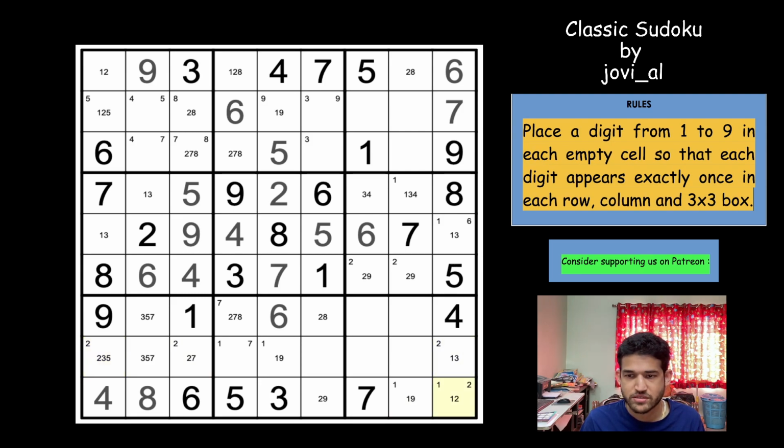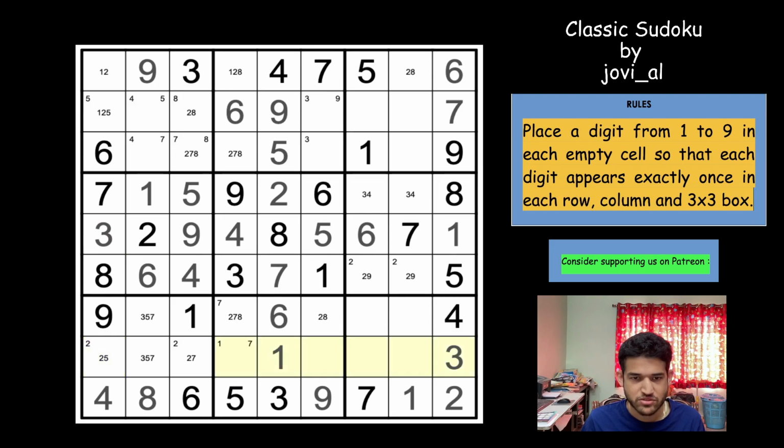So 2 goes here, and that gives 1 in here, which gives 9, which gives 1, which gives 9, which gives 3, 1. So this is a 3, 4, and that gives 1, that gives 3, and this is not 3, this is a 2, 5.